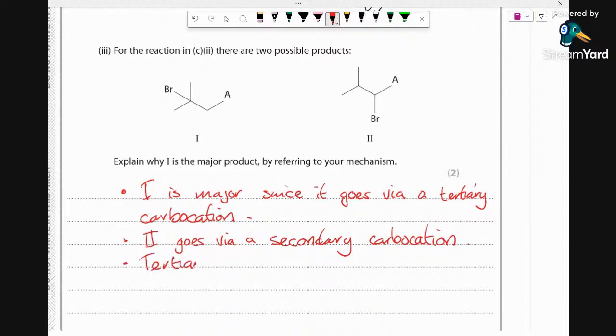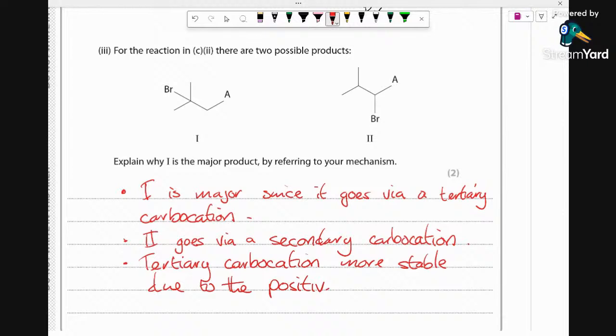Tertiary carbocation, more stable, due to the positive inductive effect.